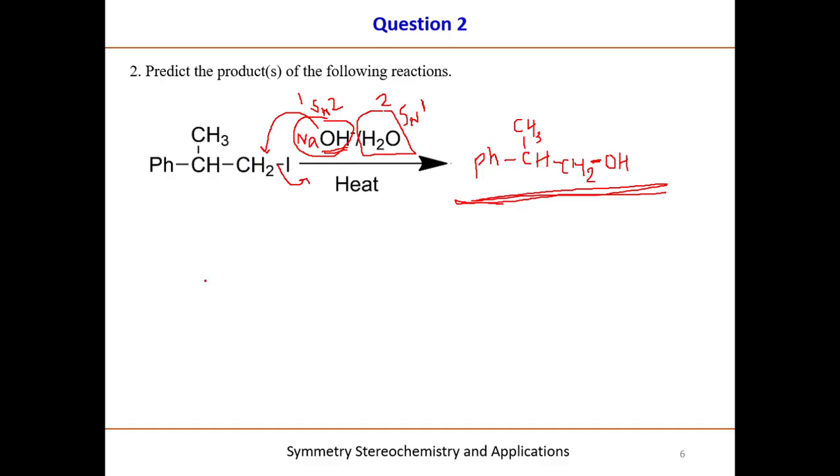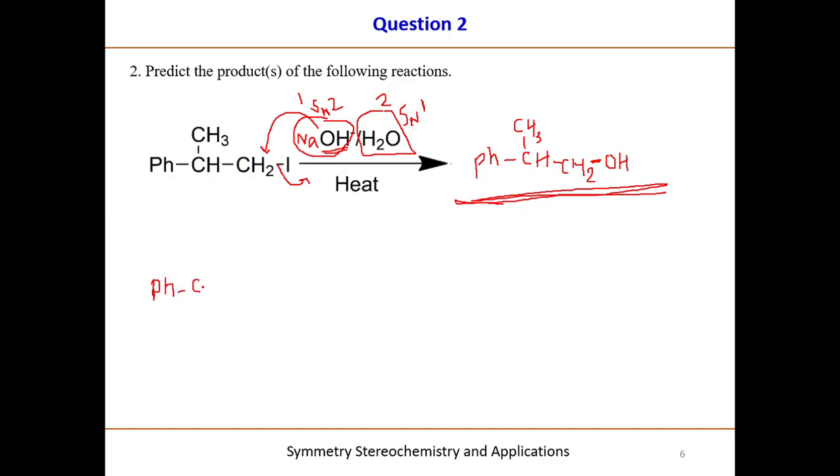So according to the SN1 mechanism, what happens first? As all of you know, the SN1 mechanism is based on the stability of carbocation. So here the carbocation formation will take place. First let's talk about the carbocation.